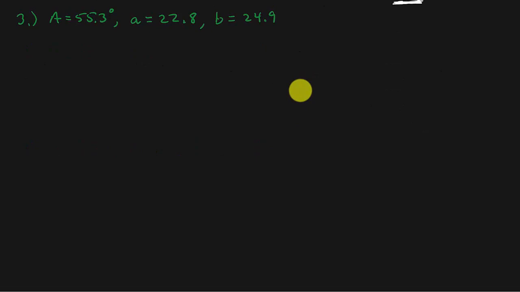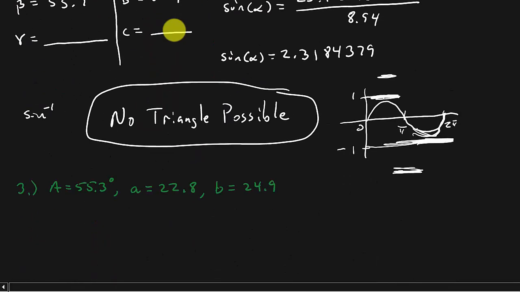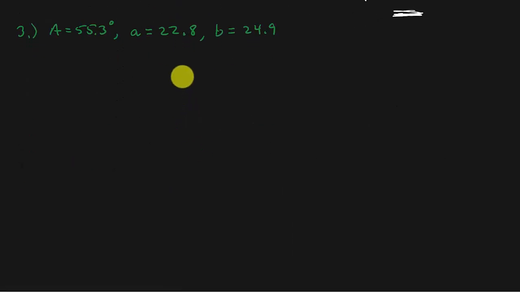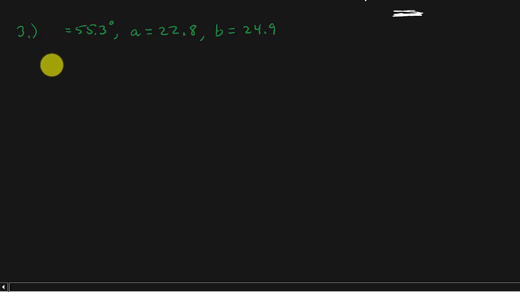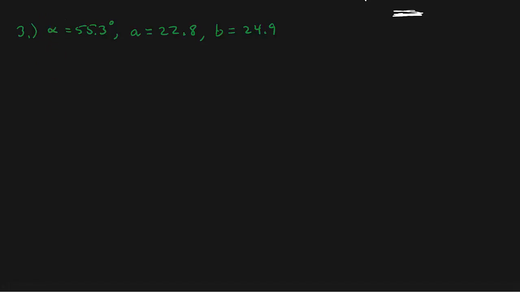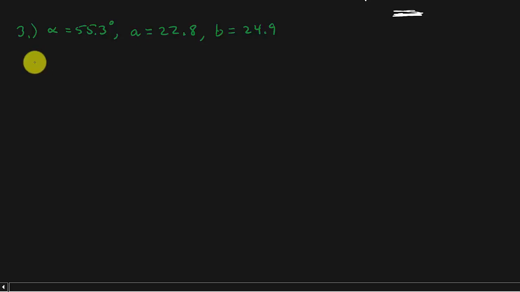All right, so let's see what we've got here. All right, so I was copying these down. I wrote a capital A. You can do that, capital A for your angle. Let's just change it to alpha so we're consistent throughout the video. All right, so let's do the table again.